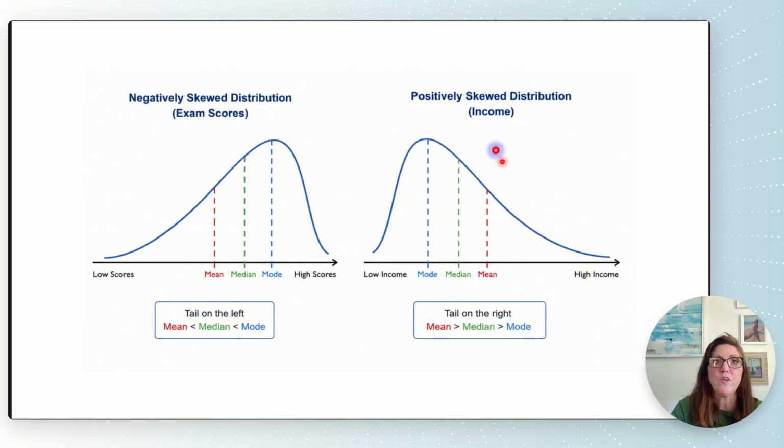In contrast, if we look at our positively skewed distribution, this is income. And we can see that it's being pulled over to the right here. And this could be because maybe we had one billionaire in the data set. That one billionaire is pulling our income over to the right and making it positively skewed.